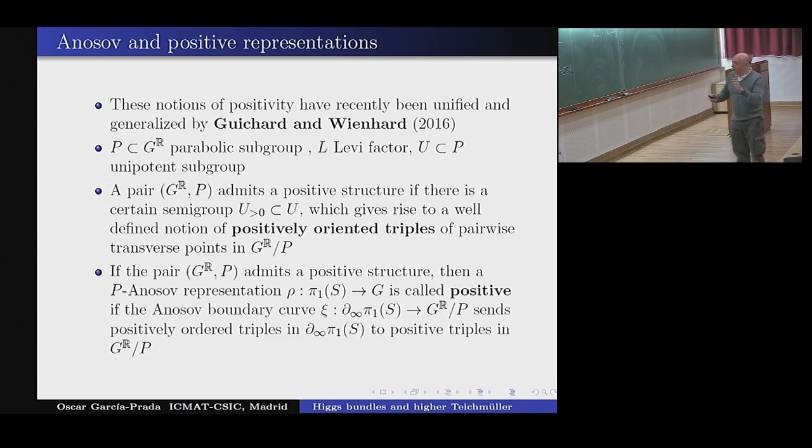But here is the thing: if this pair admits a positive structure, then for a P-Anosov representation, you have to start with an Anosov representation in order to have this boundary map, remember? So this Anosov representation is positive if this boundary curve sends positively oriented triples in the circle to positively oriented triples in this flag variety.